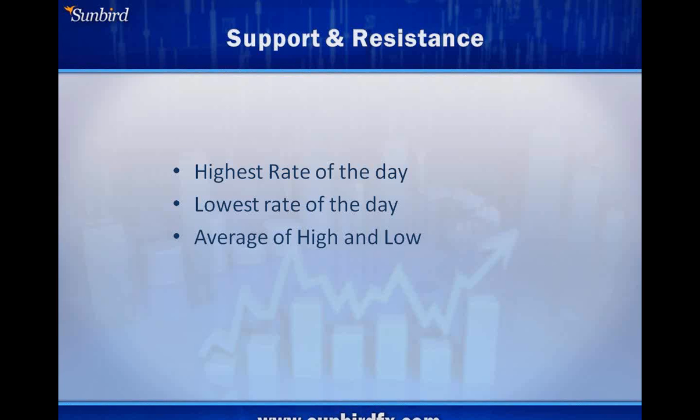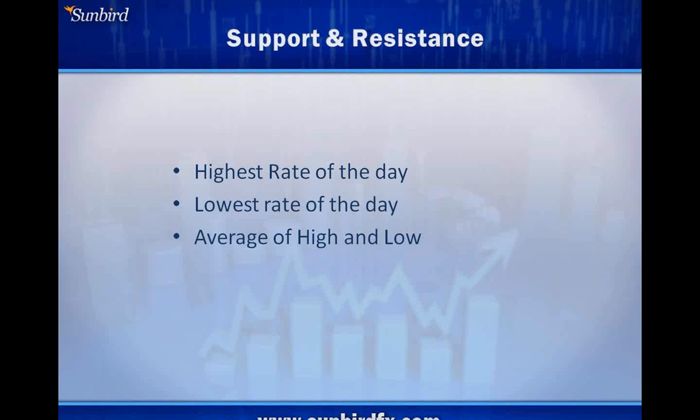Now, how do we calculate the average of a highest rate and lowest rate? Very simple. Okay, we take the highest rate of the day, we take the lowest rate of the day, we add the highest rate to the lowest rate, and we divide it by 2. So let's say the highest rate is 5, okay, and the lowest rate is 3.